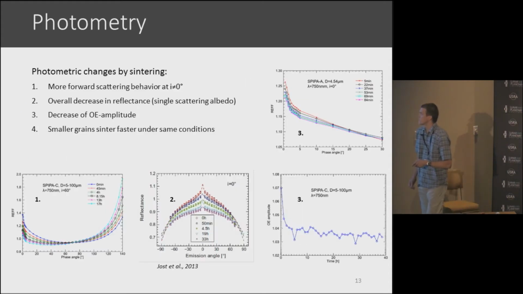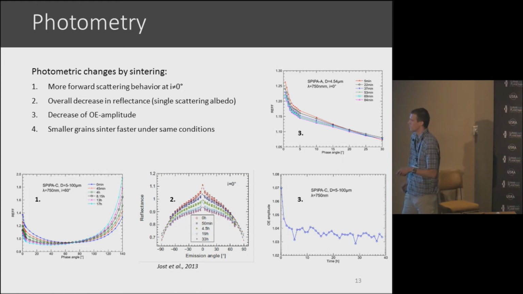So what changes in terms of photometry by sintering? The most obvious change is that all surfaces tend to be more forward scattering when sintered. When having opposition here, in the very beginning they are highly backscattering, moderately forward scattering, and with time this curve turns.